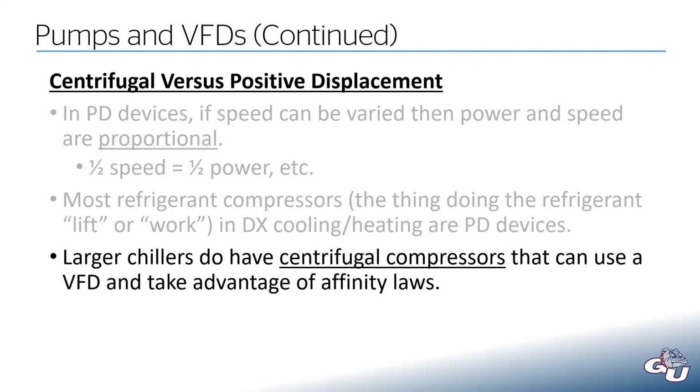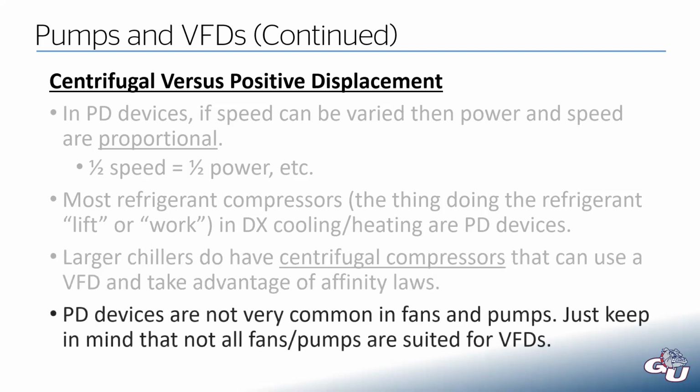But most refrigerant compressors are positive displacement and they don't follow those rules. They're not very common in fans and pumps, but just keep in mind that not all fans and pumps are suited for VFDs. Or rather, that a VFD might not give you as much savings as you would hope for.